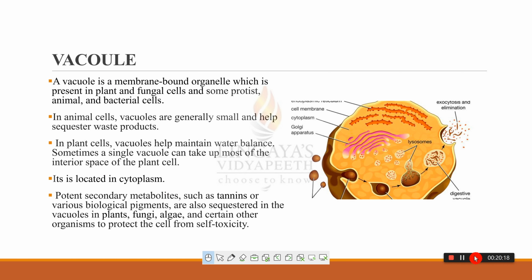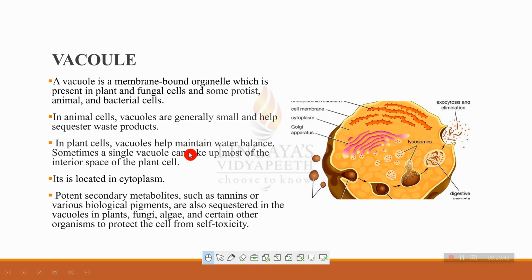Now moving on, talking about the vacuoles. Now understanding what a vacuole is. A vacuole is a membrane-bound cell organelle. In animal cells, vacuoles are generally small and help maintain the waste products. In plant cells, vacuoles help to maintain the water balance.